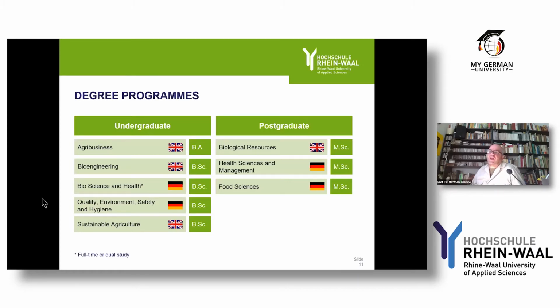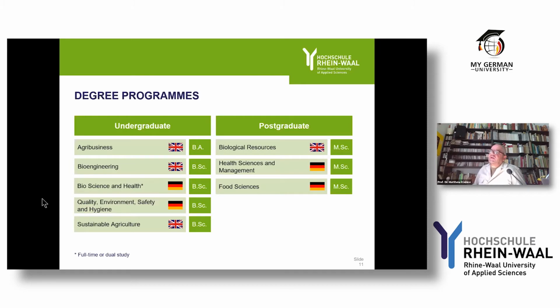You see here Agribusiness and Sustainable Agriculture. This is what you're here for, as Bachelor of Arts and Bachelor of Science in English. But on the bachelor's level, there are also bioengineering and bioscience and health, and quality, environment, safety, and hygiene study courses. If you are into those subjects, that's also nice.